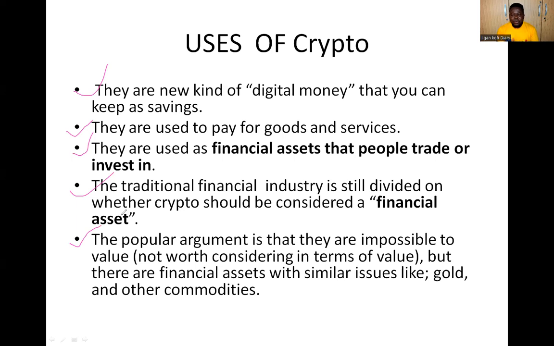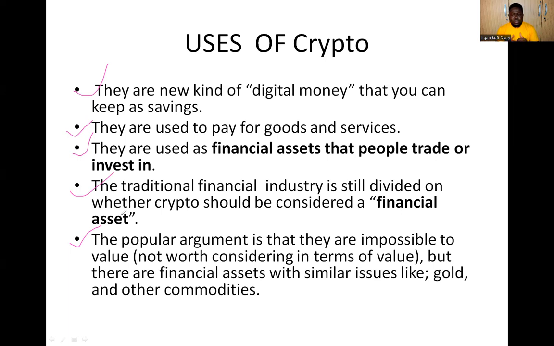So people think that crypto should not be added to the financial assets, because some assets can depreciate or appreciate, like real estate. A building can depreciate or appreciate depending on its condition. But cryptocurrencies do not respect this depreciation and appreciation. So because of that, some people are of the view that we should not add them to the financial asset class.